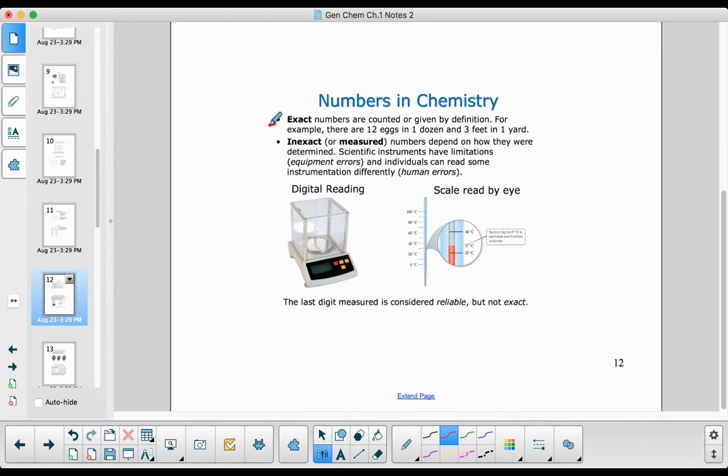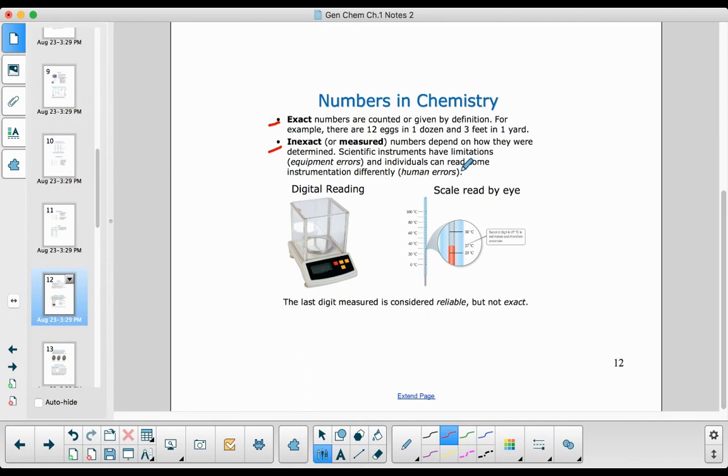So the first thing is, how do we describe numbers in chemistry? Well, there are exact and inexact measurements, or exact numbers and inexact numbers, which are measurements. An exact number is something that is commonly known. So 12 eggs is a dozen, 3 feet is a yard, 12 inches is a foot, and so on.